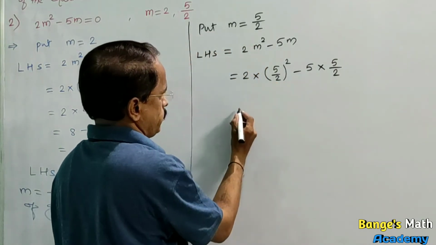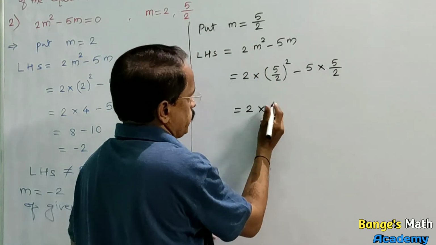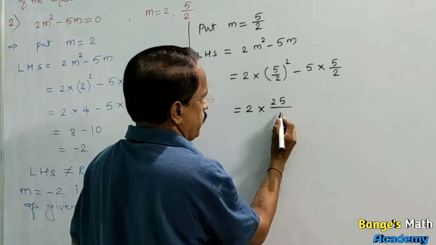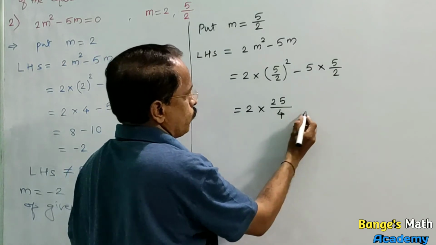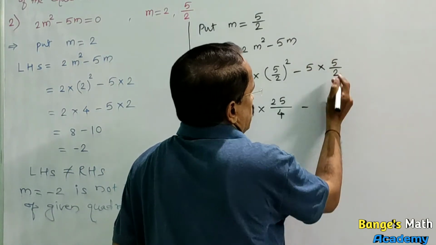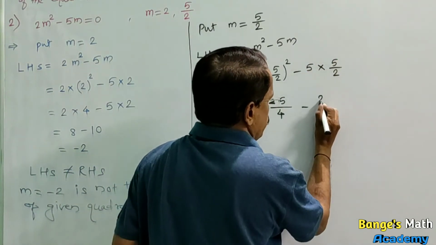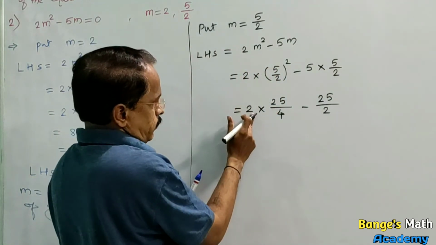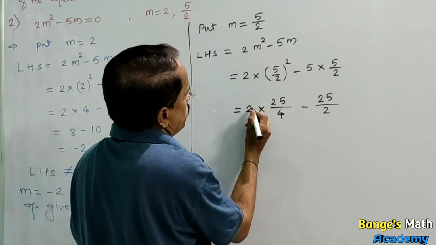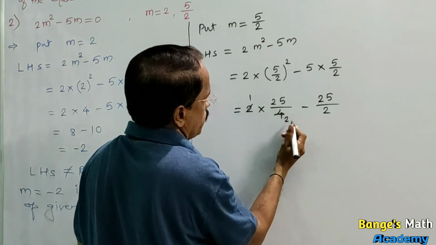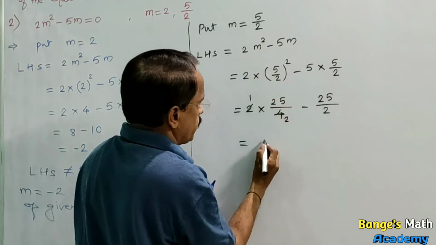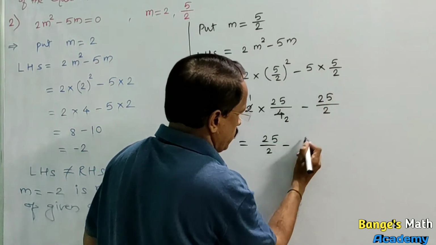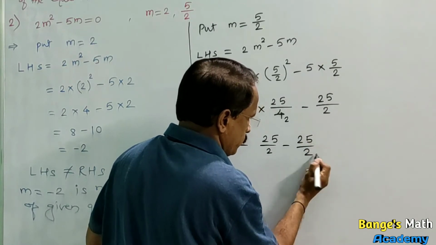Then simplify this. 2 into squaring this: 5 square is 25, 2 square is 4, so 25 upon 4, minus the product of 5 into 5, 25 upon 2. By simplifying, 2 1s are 2, 2 2s are 4, 1 into 25, 25 upon 2 minus 25 upon 2.